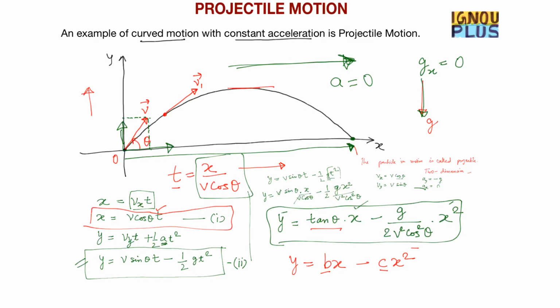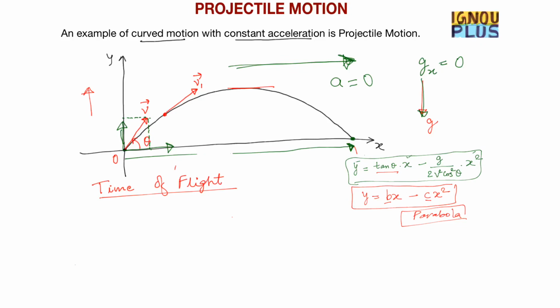So this equation is the equation of a parabola. So the trajectory of the projectile behaves like a parabola. So it gives a parabolic motion.